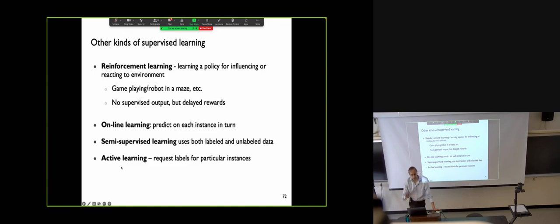Active learning is another paradigm where, at each step in time, you request which data point you want to have labeled. It's like semi-supervised, where some data points are labeled and some are not. Imagine you have a spam classifier.